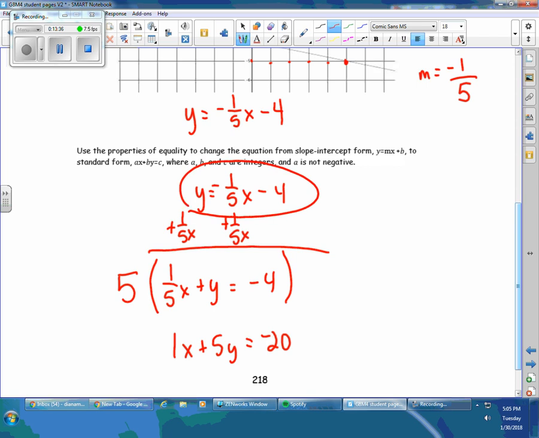This equation and this equation are the same. If I were to graph them both, they would be the same line.